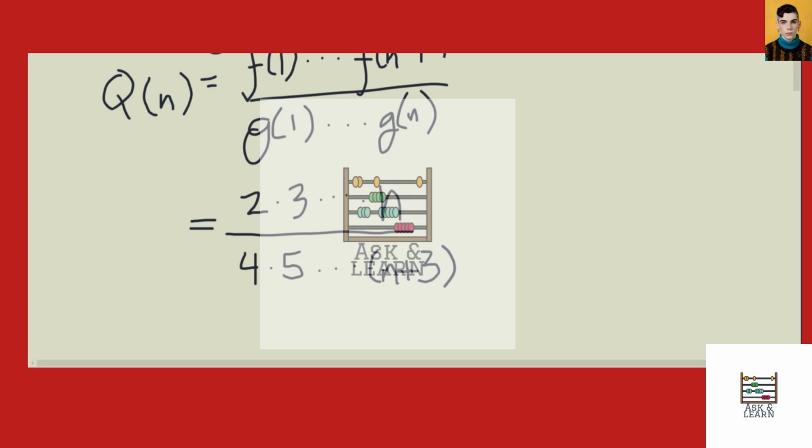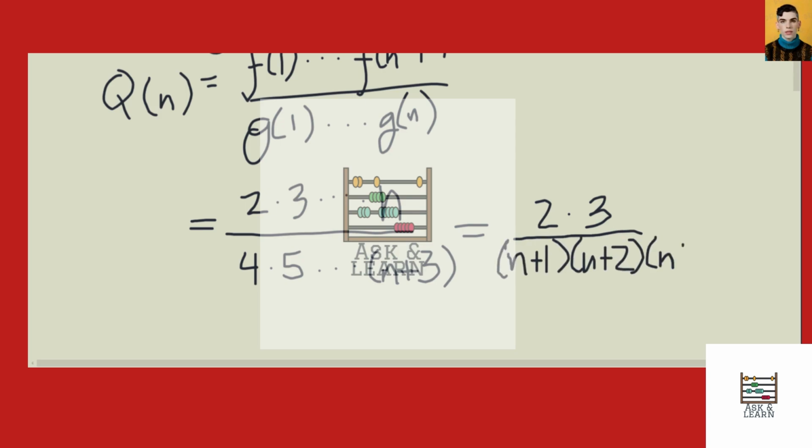And so this can be written, if we divide out common terms, as 2 times 3 over n plus 1 times n plus 2 times n plus 3.